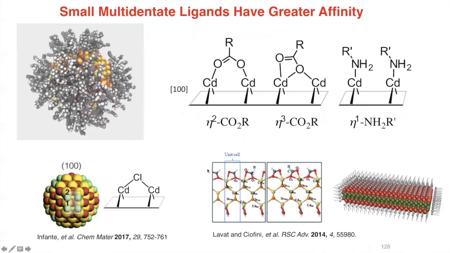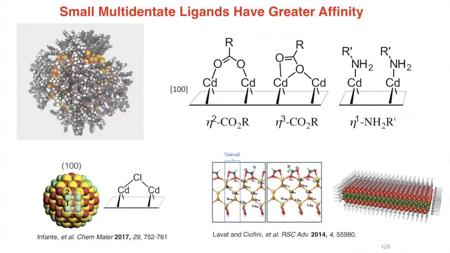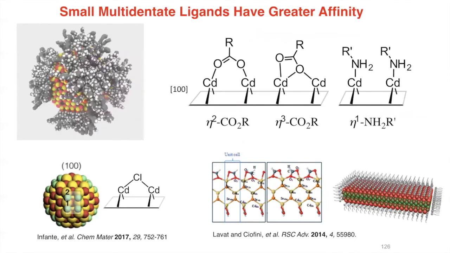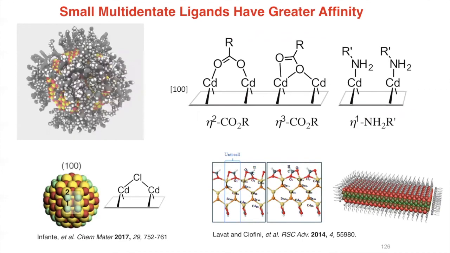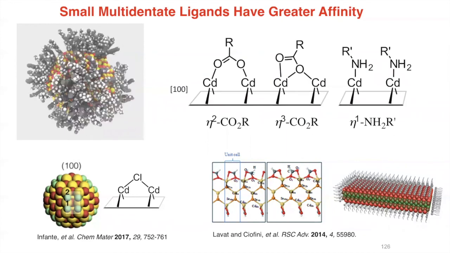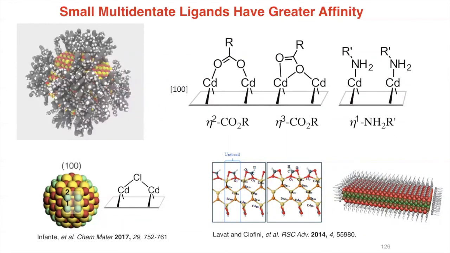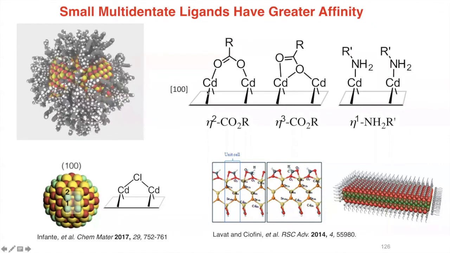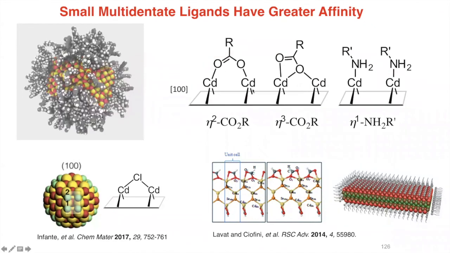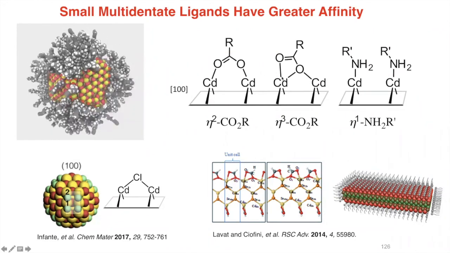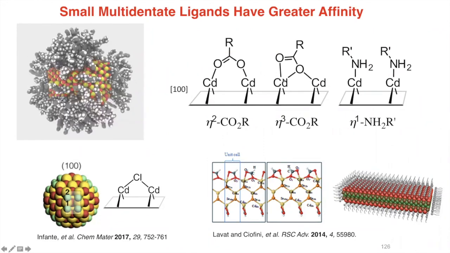All right, so just briefly here before we transition into synthesis for next time, I wanted to leave you with this picture of the 100 facet of cadmium selenide or any zinc blende semiconductor, where you have cadmium ions that make 2 bonds to the underlying crystal and then 2 dangling bonds that are perpendicular to that plane.